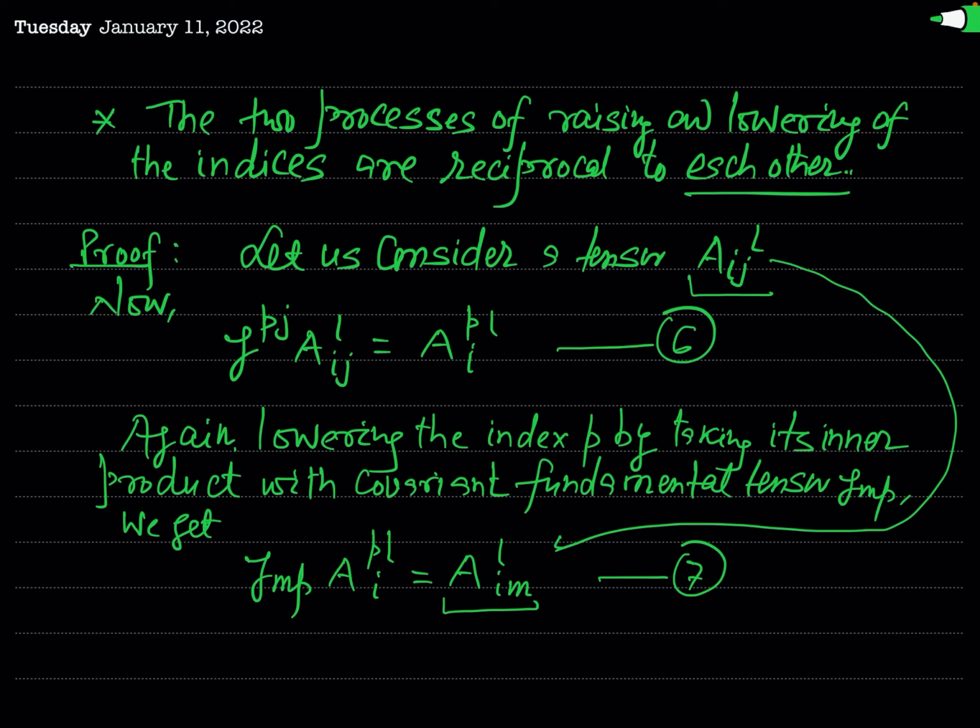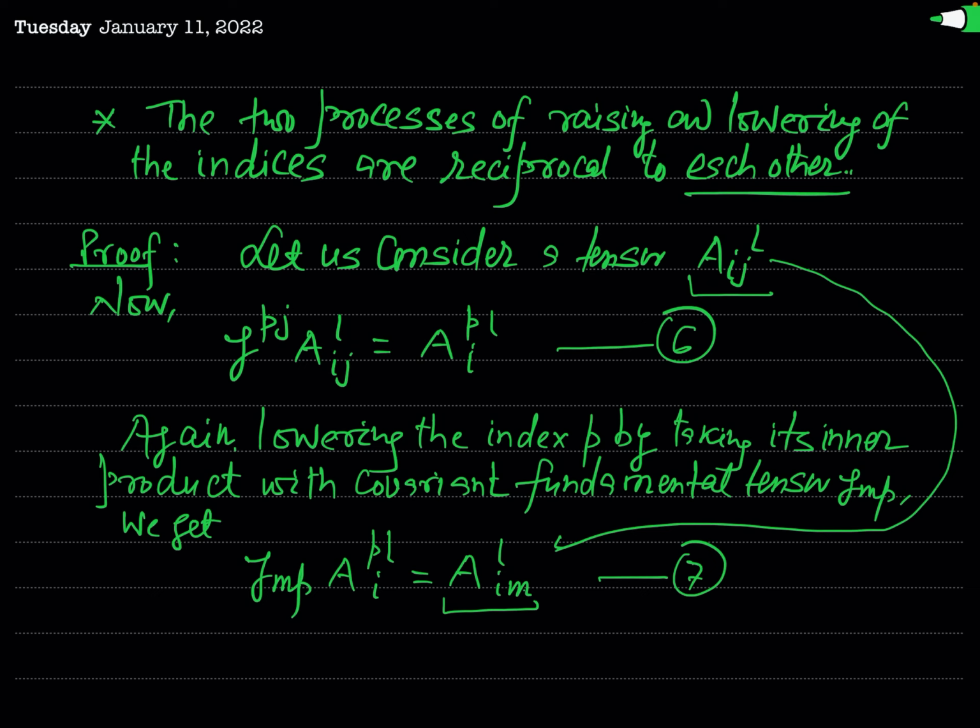Don't confuse with the index m here instead of j, but we can say that these two tensors are identical, or exactly the same. This index m may be freely changed. You can write j instead of m because this is in fact not a repeated index. This index has no special significance, so it can be replaced by j.